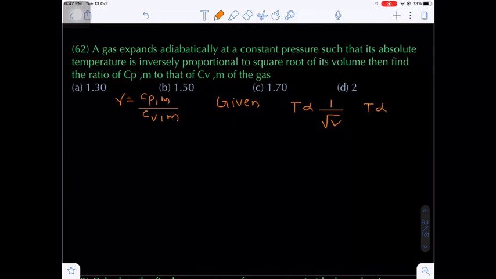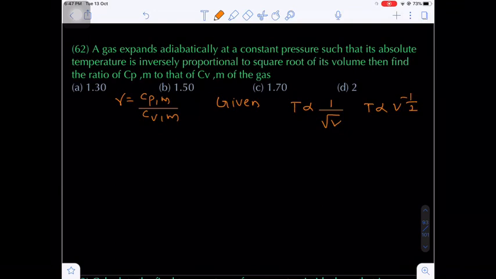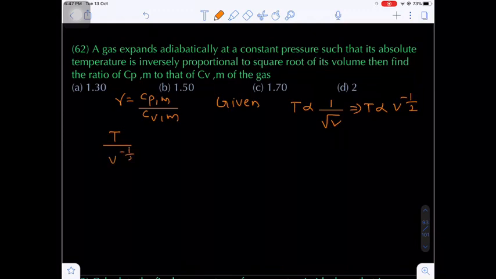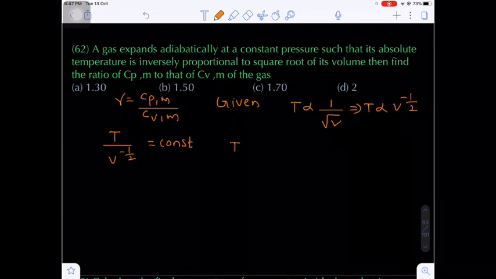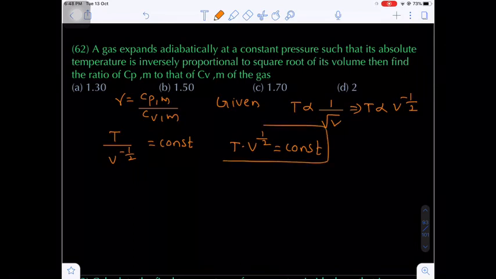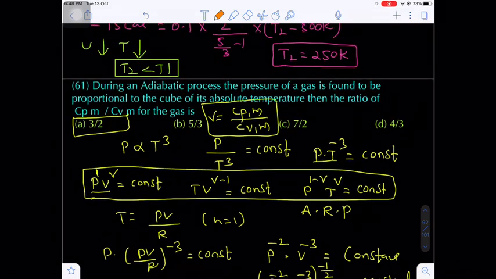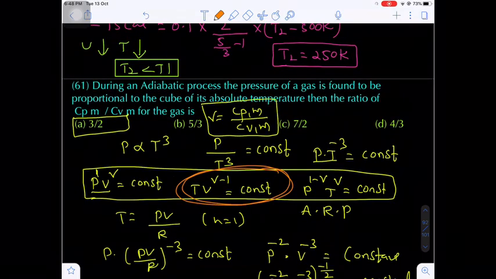From here T directly proportional to, shall I write V to the power minus 1 by 2. Yes. From here I am writing T divided by V to the power minus 1 by 2 will be equal to constant. Yes. So T into V to the power 1 by 2 will be equal to constant. Now what is the relation between T and V in adiabatic reversible process?